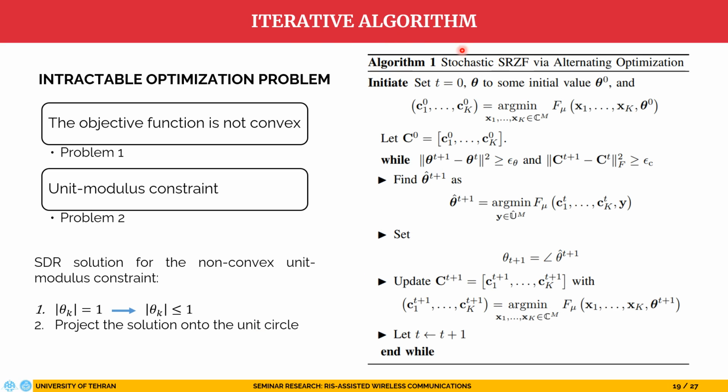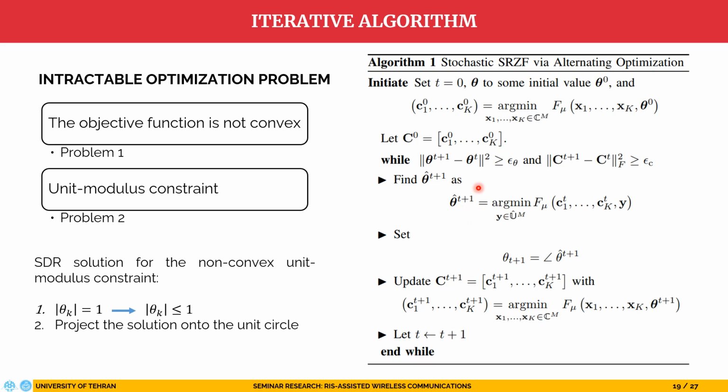So the algorithm would be like this. Until convergence happens, do the process: assume C is fixed, and C is the precoding vectors, okay? We want to optimize the phase shifts.